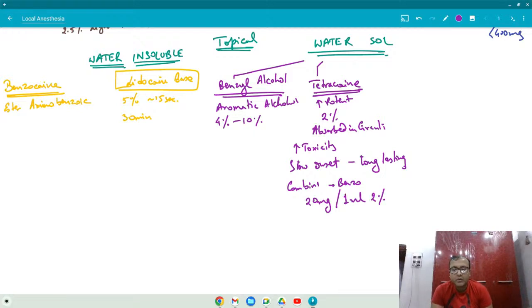Okay, 1 ml of 2% solution. So what is a 2% solution? Remember, 2% solution means 2 units in 100 ml. So in 100 ml, normally we use, say, 2 grams.